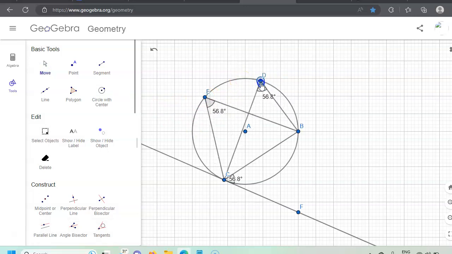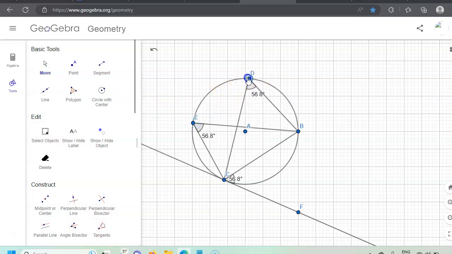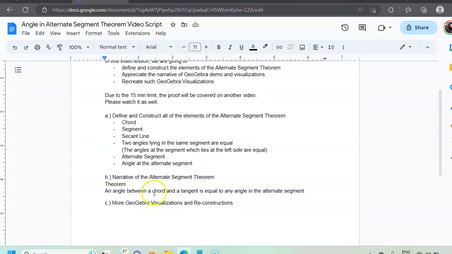It should still be at the alternate segment. So that is the story behind the alternate segment theorem. Again, an angle between a chord and a tangent is equal to any angle in the alternate segment.